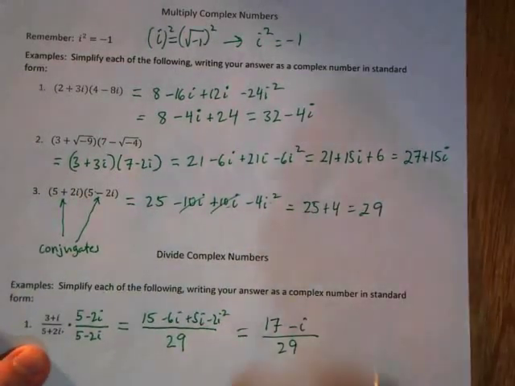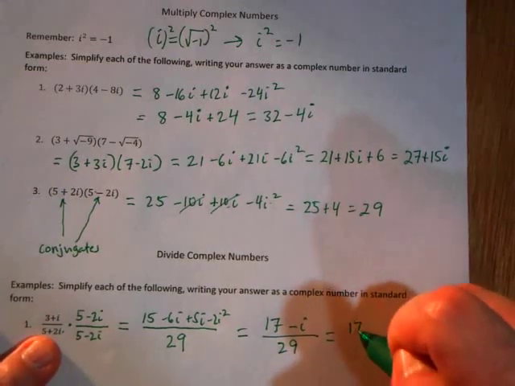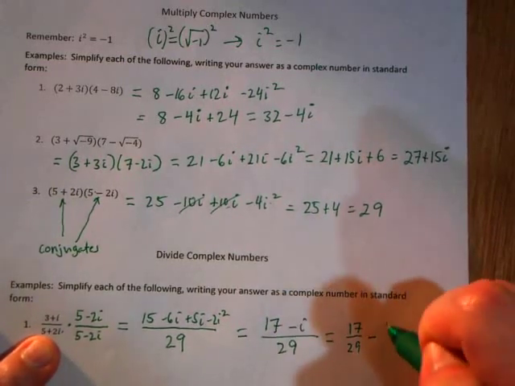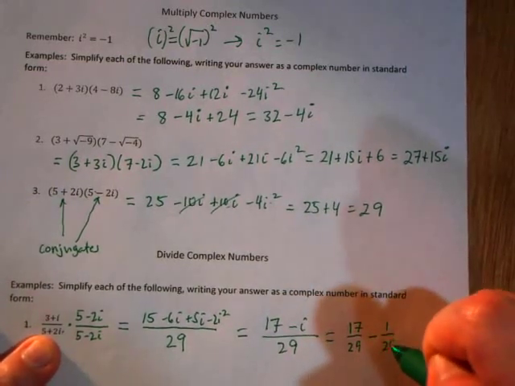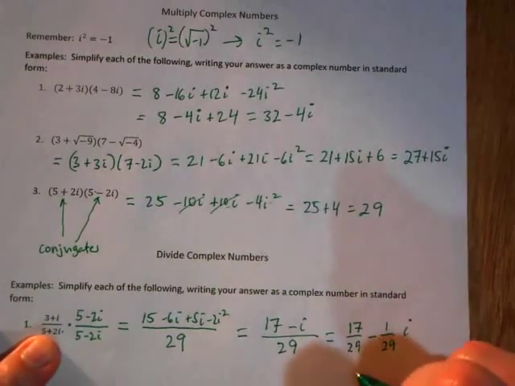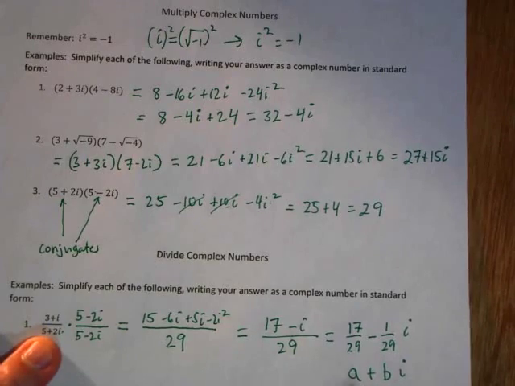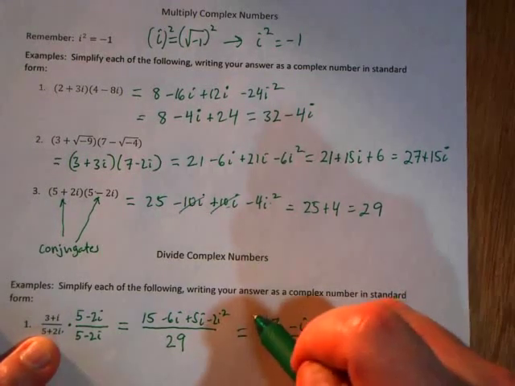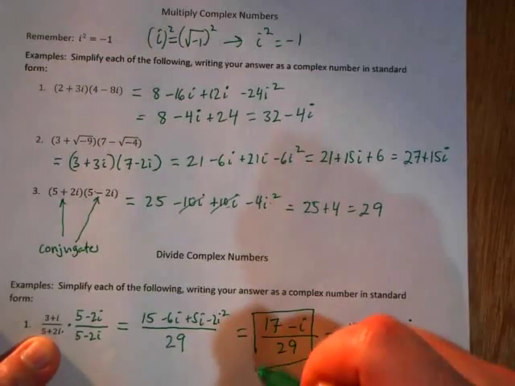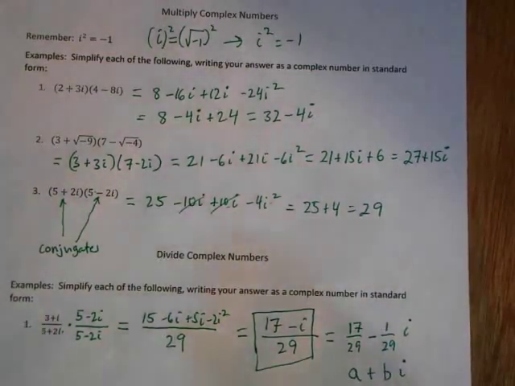And then typically, this would be written this way: 17 over 29 minus 1 over 29i. And the reason we write it that way is we want it to look like a plus bi. So a would be 17 over 29, b would be negative 1 over 29. Now, personally, I'm not going to make a big deal of it if you leave your answer like that, it'd be perfectly fine with me.